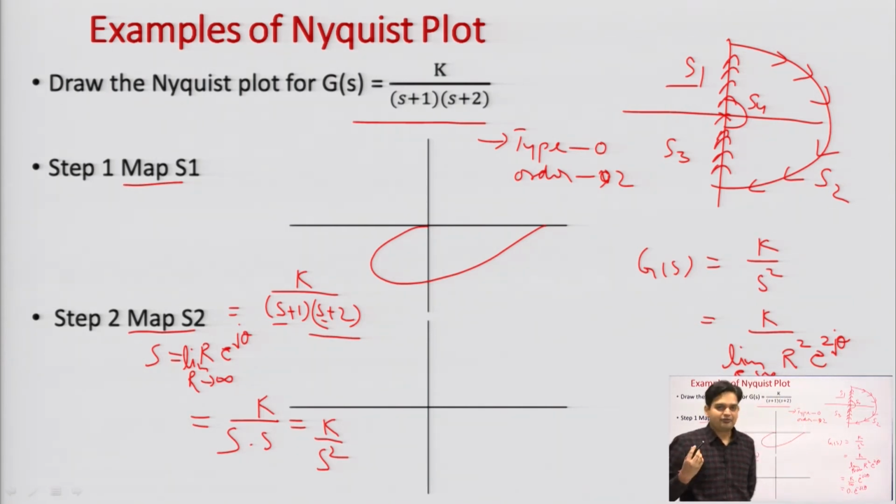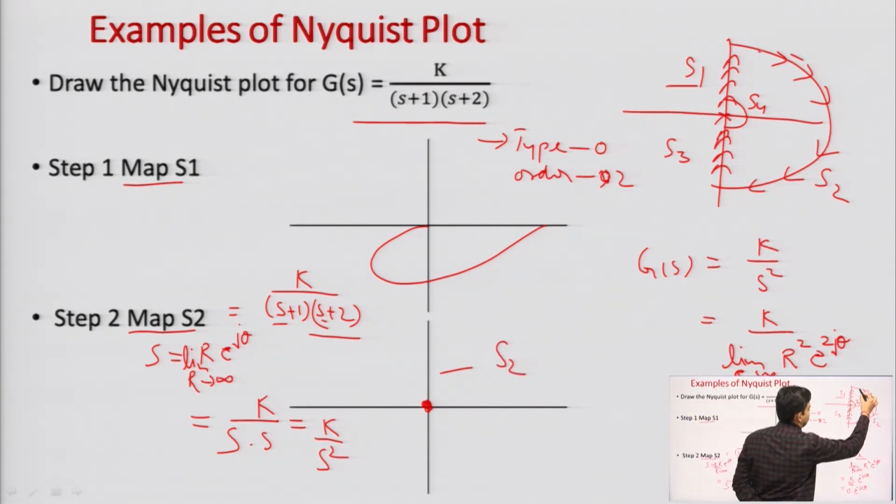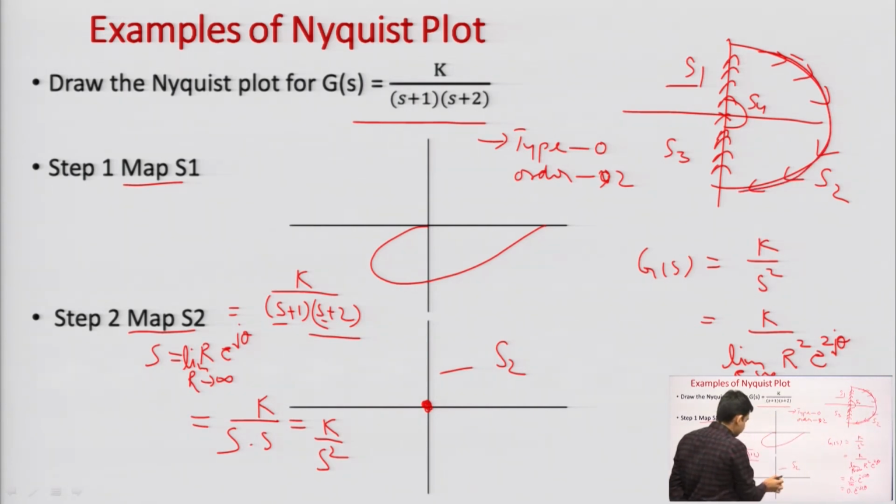It means our magnitude is 0, and this plot will occur at the origin. So, this is my map S2. You can see in the Nyquist plot, it is going like this, and this curve is 0 in this figure.